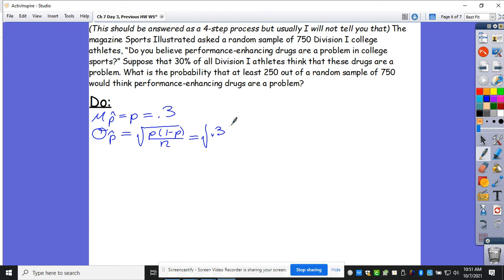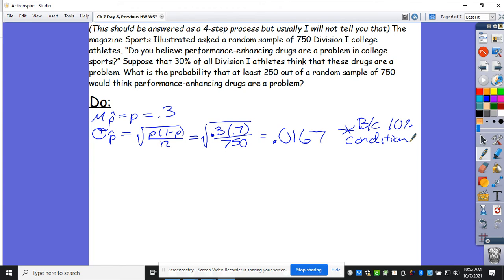So then this is 0.3 times 0.7 divided by 750, which is 0.0167. Yes, because of the 2% commission. So I've already checked it before that, so I don't have to change anything. I just have to write that I checked the 10% condition and it works.